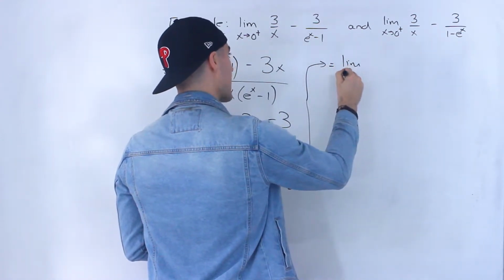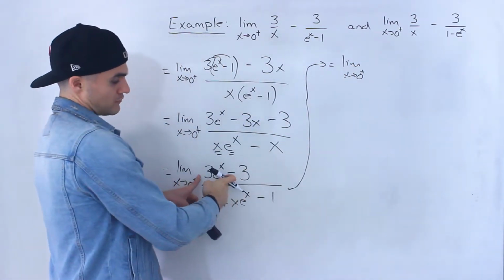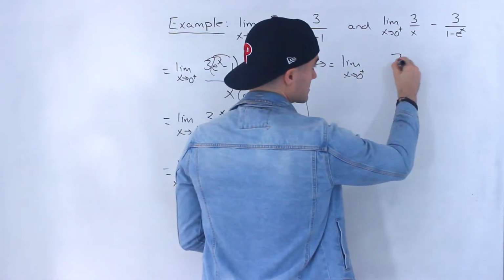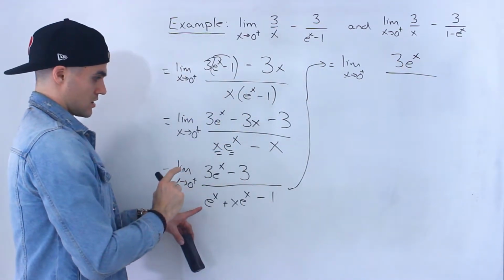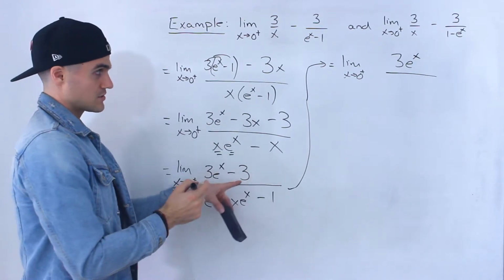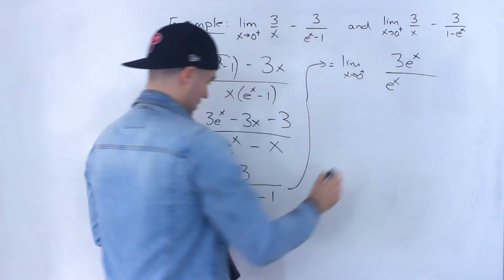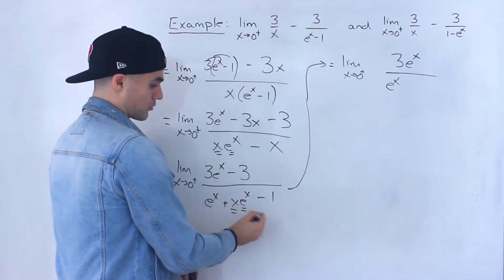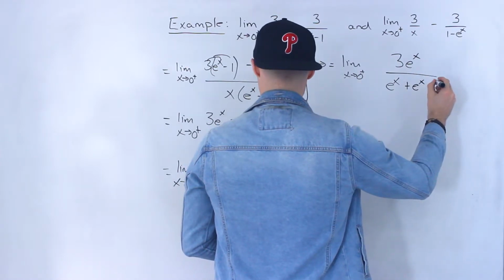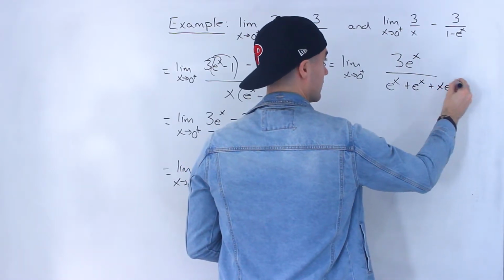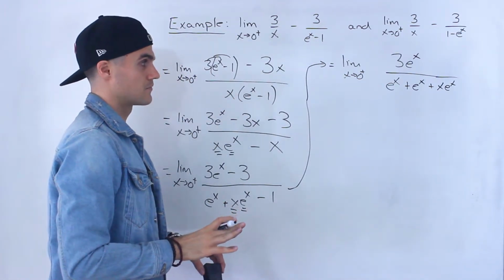We'd have the limit as x approaches 0 from the positive side. The derivative of the numerator is 3e to the x, all over, the derivative of negative 3 is just 0, so we don't write that. The derivative of e to the x is e to the x. And then here we're going to have to apply that product rule again, so we'd have e to the x plus x e to the x. And then the derivative of negative 1 is just 0.